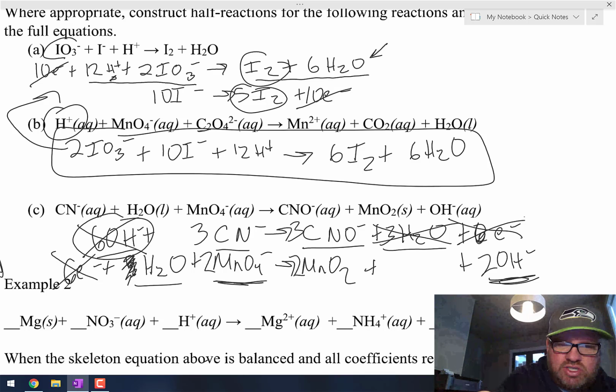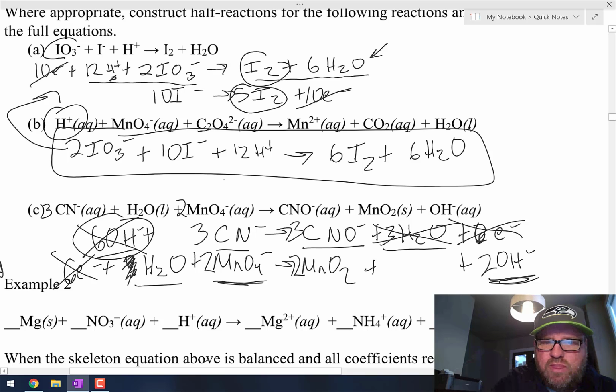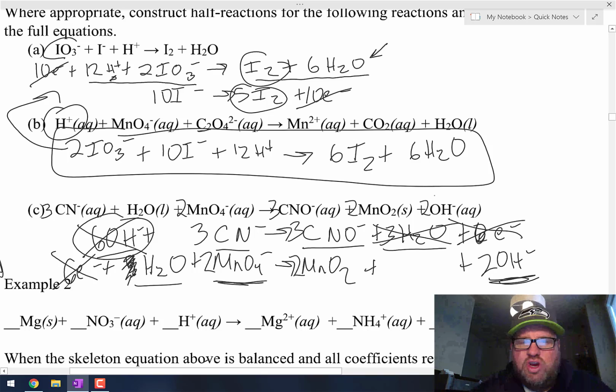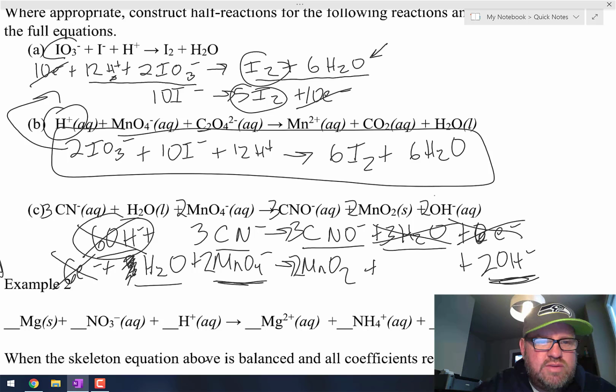Because I'm out of room, I'm just going to put the numbers up here. So I've got a 3. For water, it's just a 1. And MnO4 minus, it's a 2. CN-O, it's a 3. 2 MnO2s and 2 OH minuses. So in terms of balancing, 3 carbons, 3 carbons, 3 nitrogens, 3 nitrogens, 2 hydrogens, 2 hydrogens.